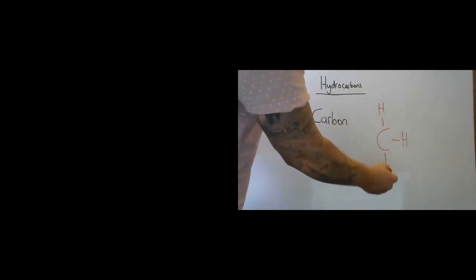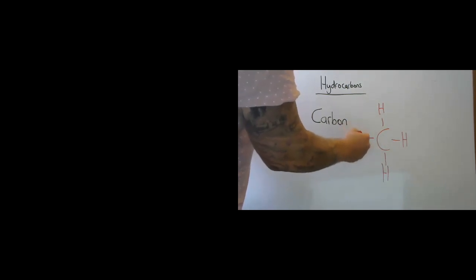So if we were to look at what organic chemistry was, it's all based around carbon. Carbon is in group 4. It can form up to 4 bonds. So the very first, most simple organic compound is methane.